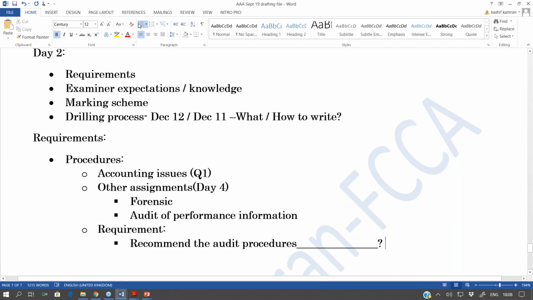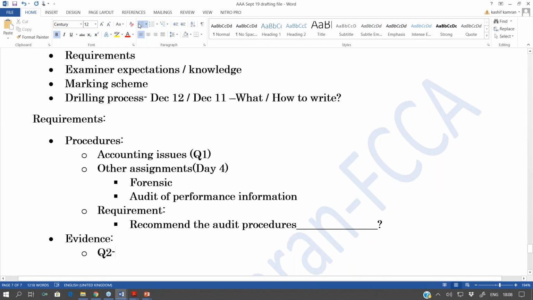Now, the second side of the story is about evidence. In the case of evidence, the evidence comes in question number 2, because I was discussing yesterday that question number 2 is a question on the completion and reporting stage of the audit. In terms of the completion stage, the examiner asks you a question on evidence, which is a very typical question, which has been such a regular feature of the AAA exams in almost every previous exam sitting.